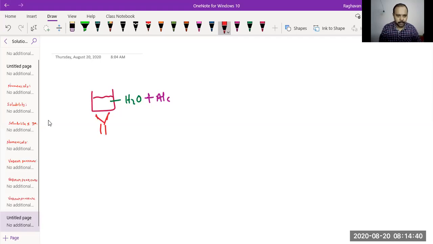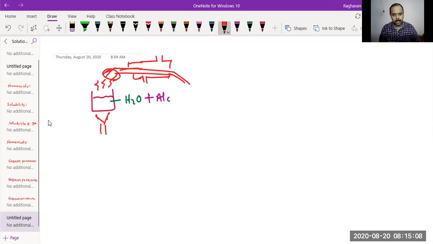When you heat, you get vapors, right? Vapors will be passed through a water-cooled condenser to condense them. Simply some water-cooled condenser, just to symbolically show you, that's all. It will not be fitted like this.